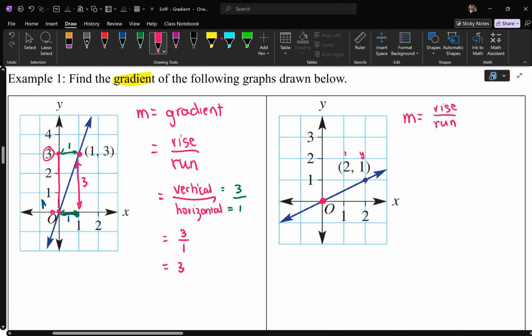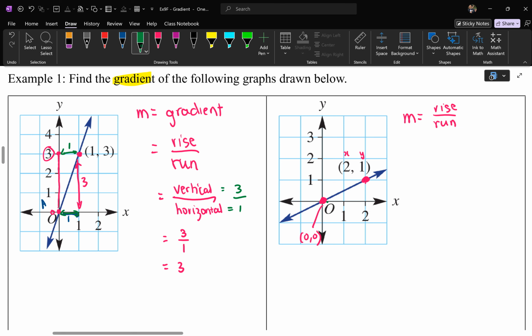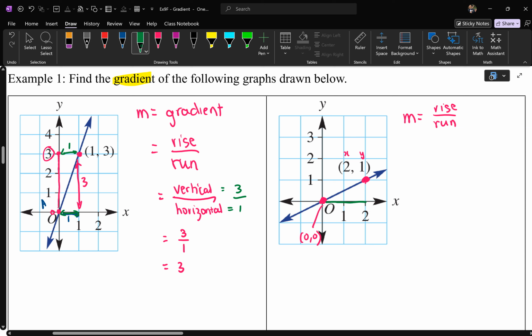This is the y coordinate, this is the x coordinate. This one has a 0, 0 coordinate, and I need to just look at 2 points. How far do I have to go across from left to right? From this point to this point, I have to go horizontally 2 units. And then I have to go up by 1. True?